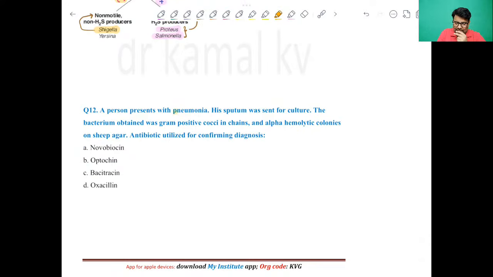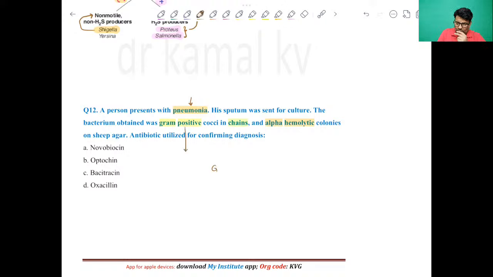Now a patient has pneumonia and his sputum was sent for culture. The bacterium was gram positive in chains, alpha hemolytic on sheep agar. Which antibiotic should be utilized for making a diagnosis? Now there are many bacterium which cause pneumonia, but in this case it is given gram positive cocci.